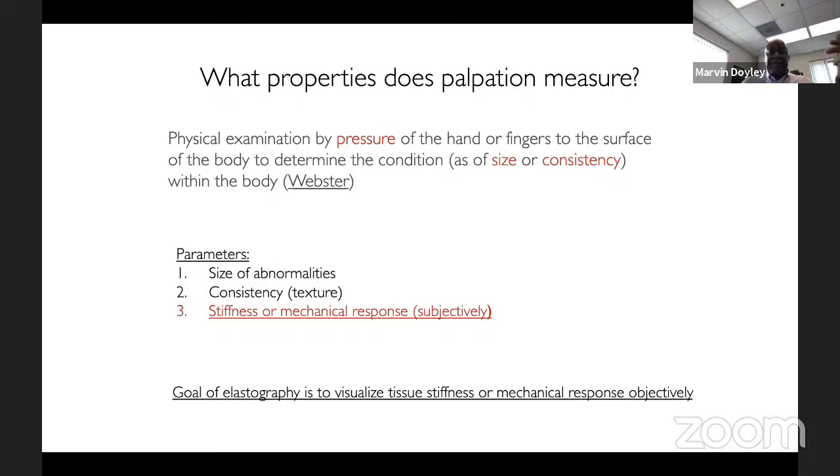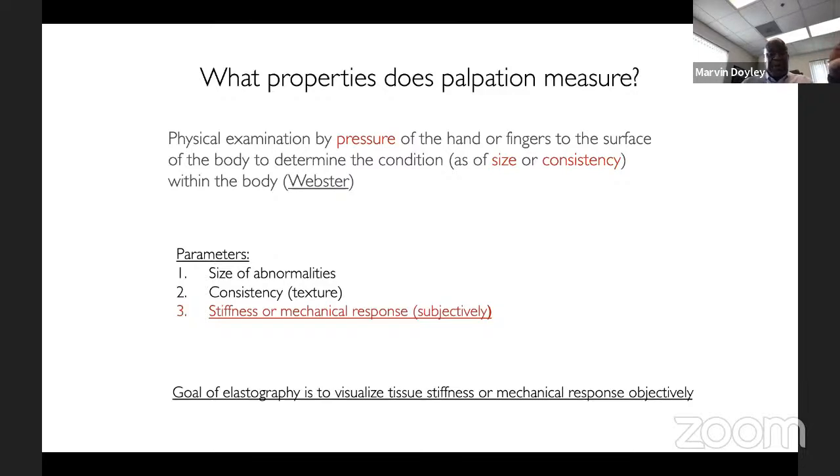Now, if you break that down a little bit, size is pretty obvious. When we think about consistency, then what we're really talking about is texture, right?